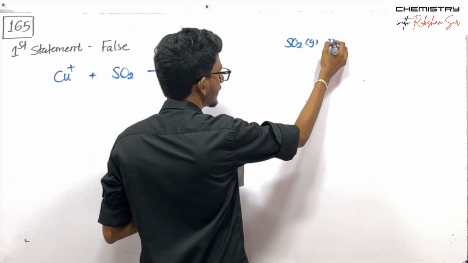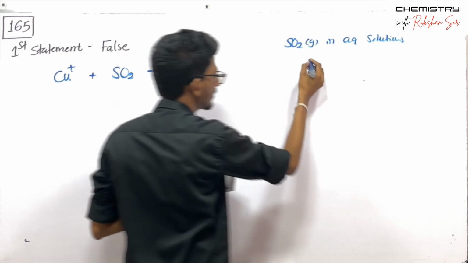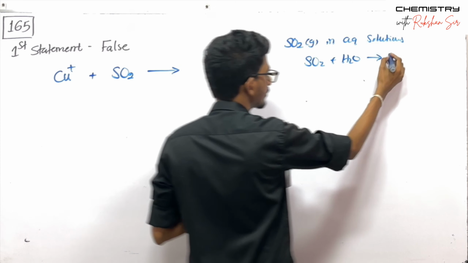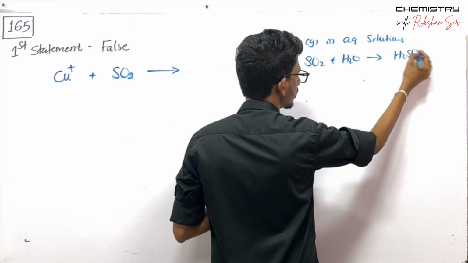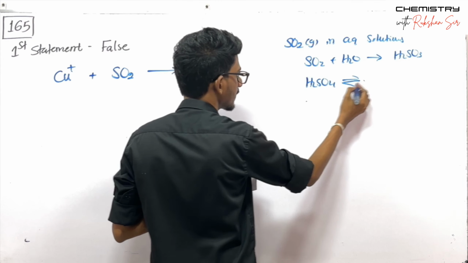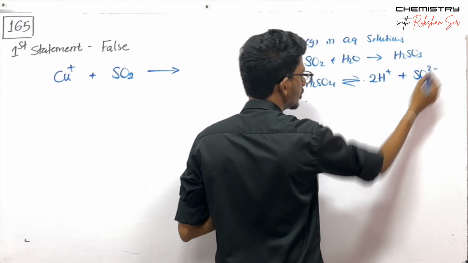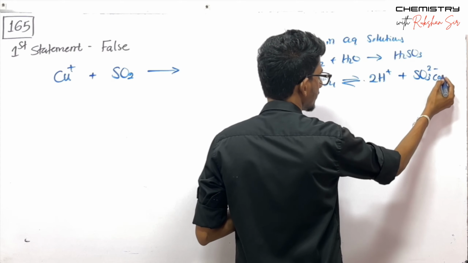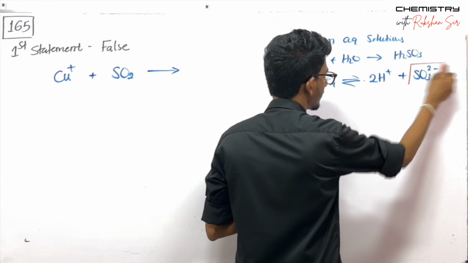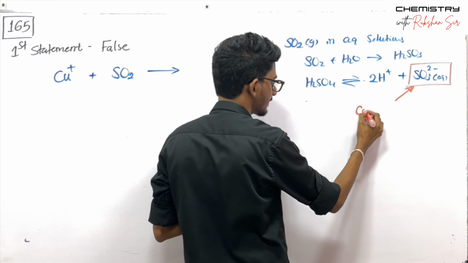SO2 with water produces H2SO3. The H2SO3 will provide the SO3 2 minus ions to the solution, right? So this can be used to precipitate the sulfides.